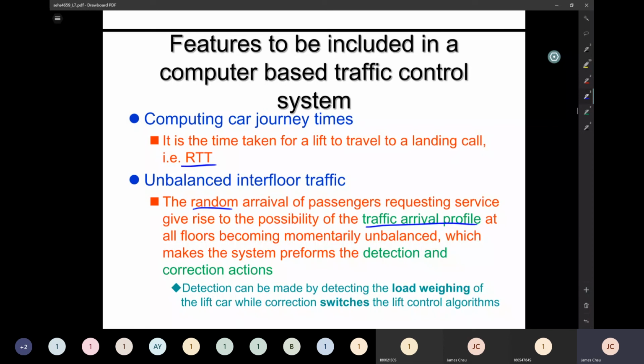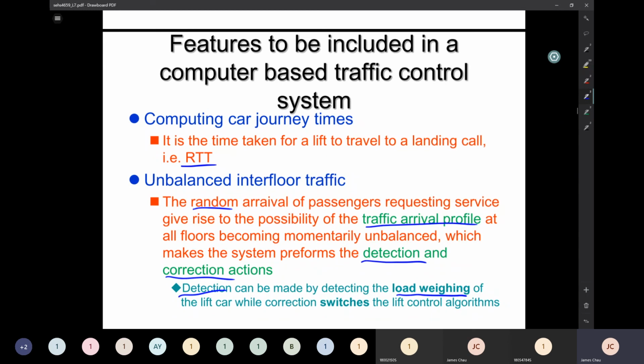So you can see that normally the lift traffic is unbalanced. Therefore, it relies on detection and correction actions. For the lift system, it is normally equipped with a load rating sensor so that it can detect the number of passengers inside the lift, and it helps us make decisions. If the load rating sensor gives a high or heavy reading, that means the lift is in heavy traffic.